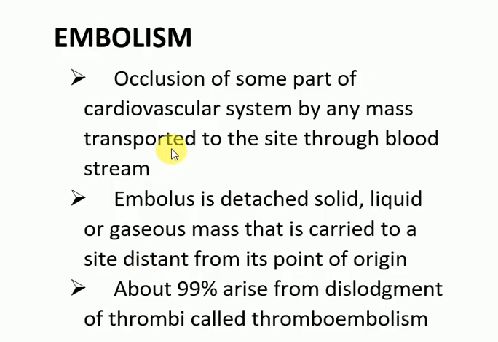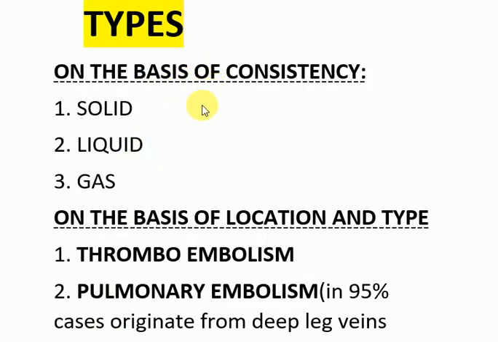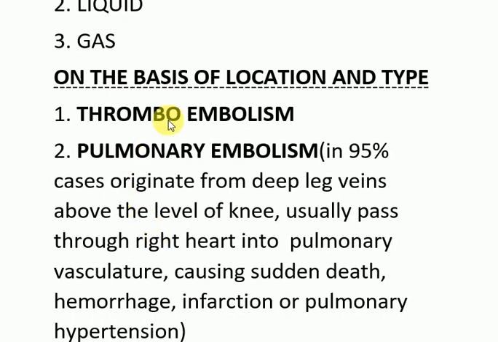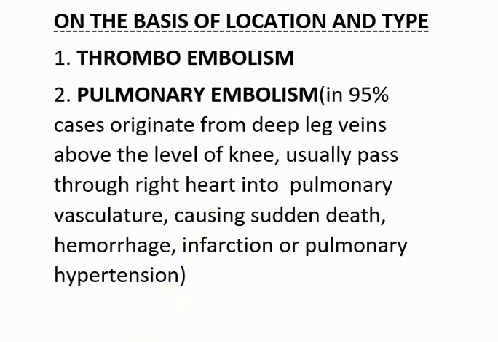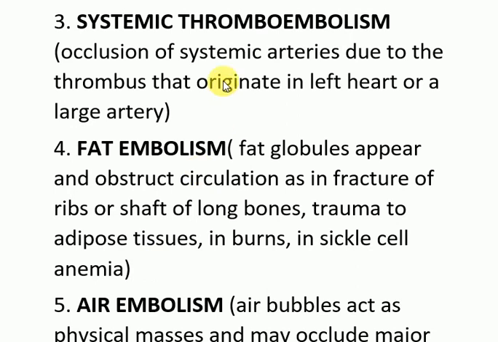Firstly, we discussed the embolism, the embolus, the thromboembolism, then the types on the basis of consistency, these three, then on the basis of location and type, maybe thromboembolism, maybe pulmonary embolism, very important. Clinical effect depends upon the size of the embolus. For systemic thromboembolism, the clinical effects depend on the size of the obstructed vessel, the availability of collateral circulation, and susceptibility of the tissue to ischemia.